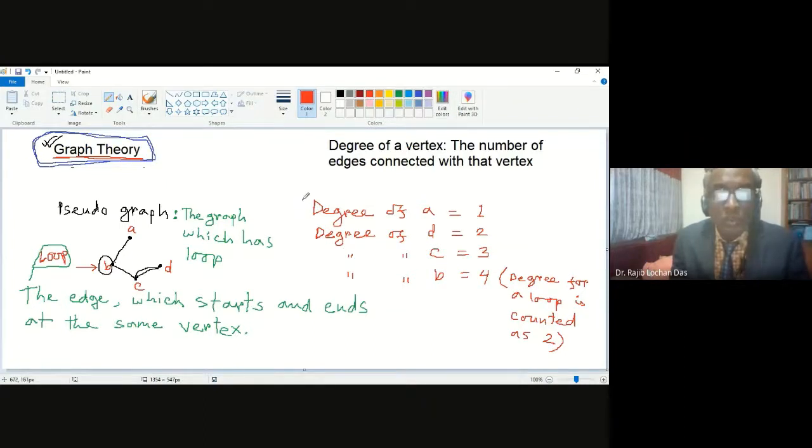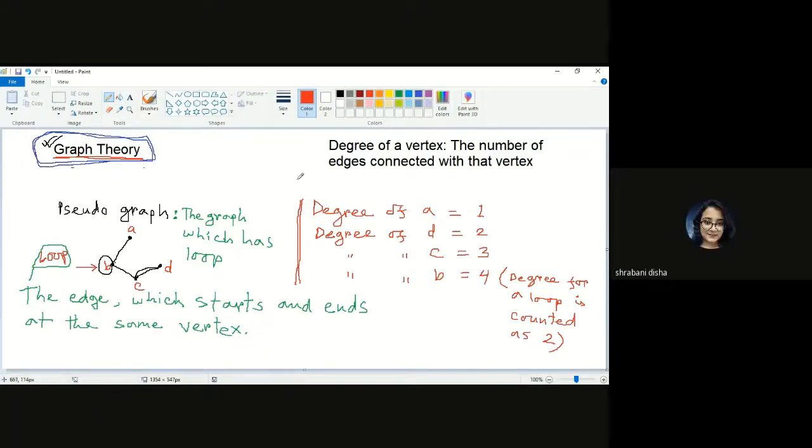You just keep it in your mind, and I will explain why 2. We will talk about some more things in the next class, then you will understand why it is 2. For today, just keep in mind that the degree of a loop will be counted as 2. So the loop is 2, plus another line, so 4. The degree of the point B is 4. Is that okay? Yes, sir.